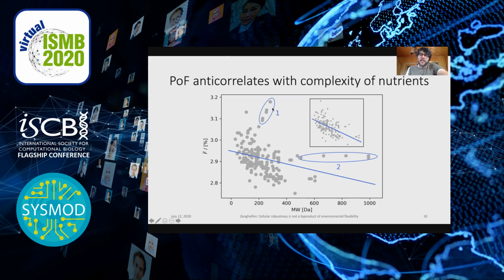Why is this the case? That's actually a numerical or computational artifact, because we are not knocking out on a gene level, but on a reaction level. And if I'm feeding a long chain fatty acid, it just needs to be broken into a medium chain fatty acid and into a short chain fatty acid.